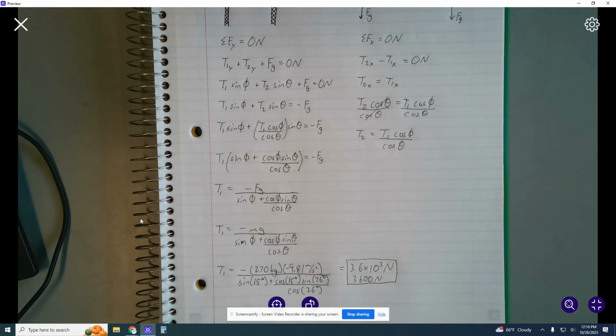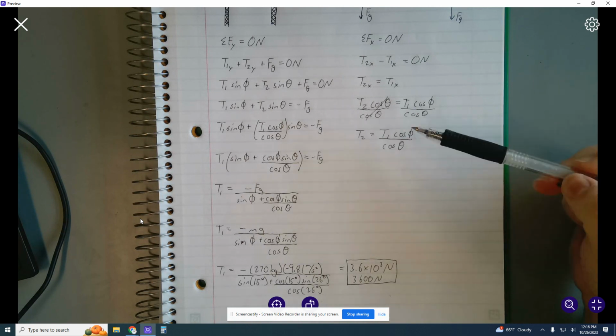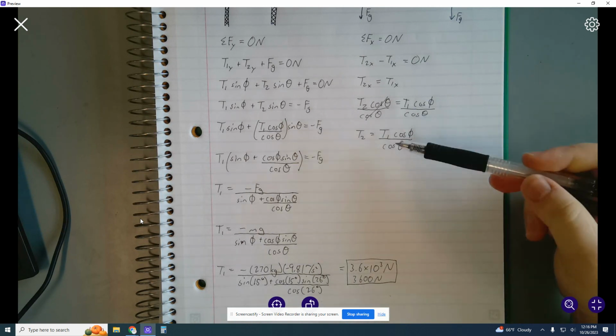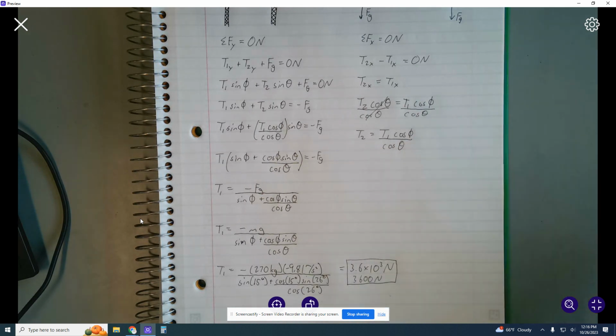Now that we have our T1 value, we can finally go back and solve for T2. And the way we're going to do this is we're going to take our T1 value we just solved for and plug it back into this equation here, our equation for T2 in terms of T1. Because now we know T1, we know our phi, and we know our theta.